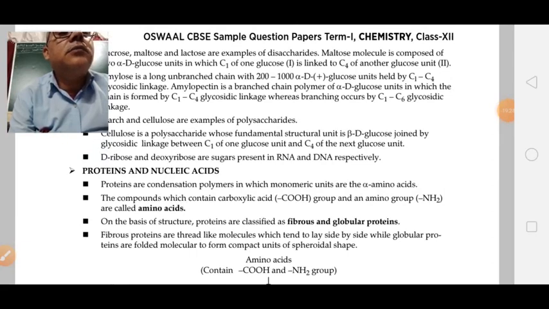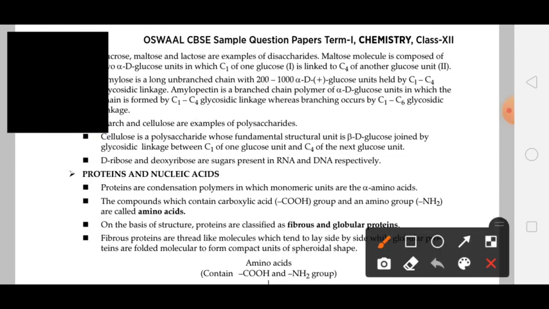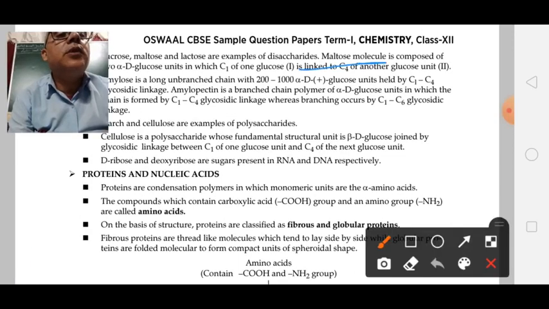Maltose is composed of 2 alpha-D-glucose units, with a C1 of one glucose linked to C4 of the other unit.